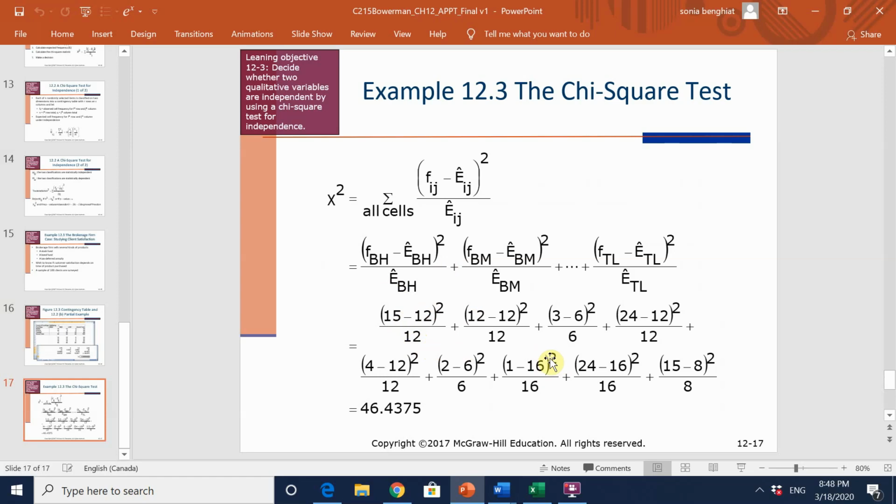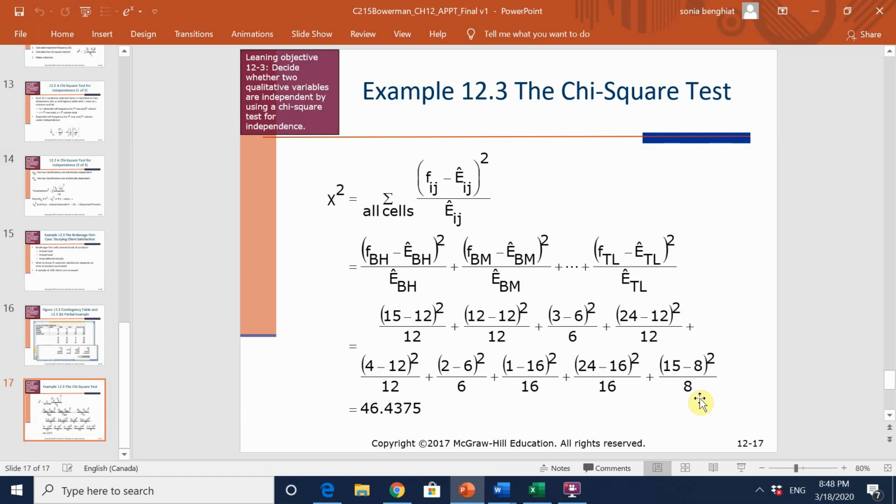Okay, until I get to my last cell over here, that would be my 9th cell. So here I would be comparing my cell 3, 3, the observed frequency count minus the expected frequency count for cell 3, 3, squared and divided by 8.